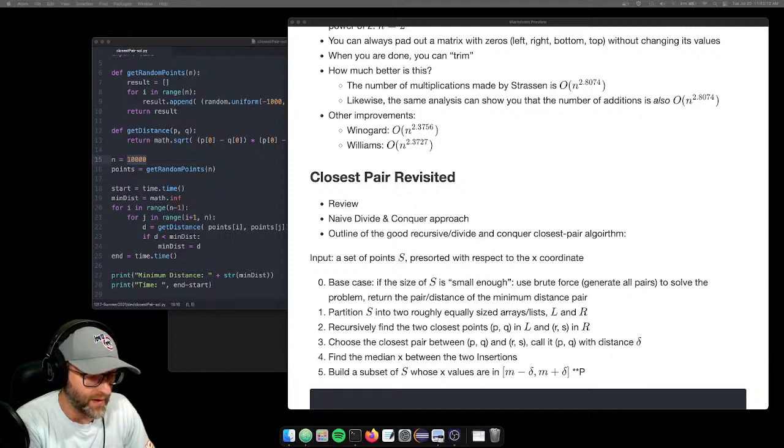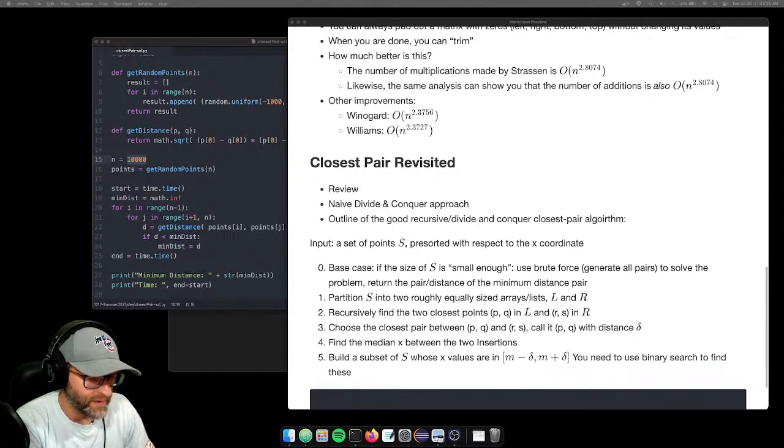Let me go ahead and put in, you need to use binary search to find these slice cutoffs. Using a linear search gives you order n behavior and overall a quadratic algorithm.